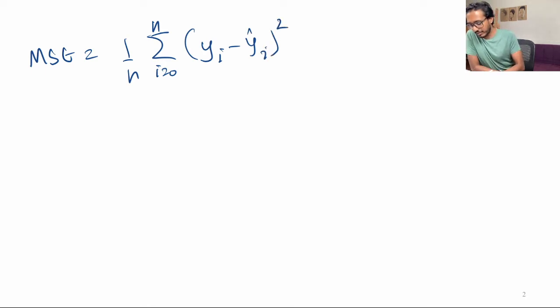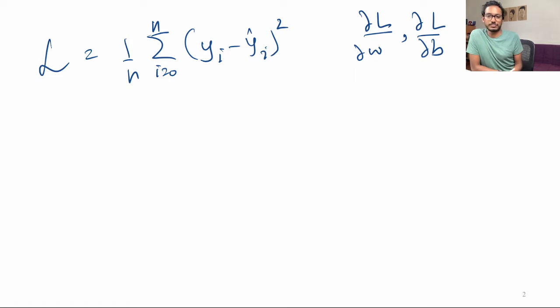This is our mean squared error, which is again our loss, right? And we want to find the gradient of the loss with respect to W and B. So we can call this delta L over delta W and delta L over delta B. These are the partial derivatives that we want to calculate, right?